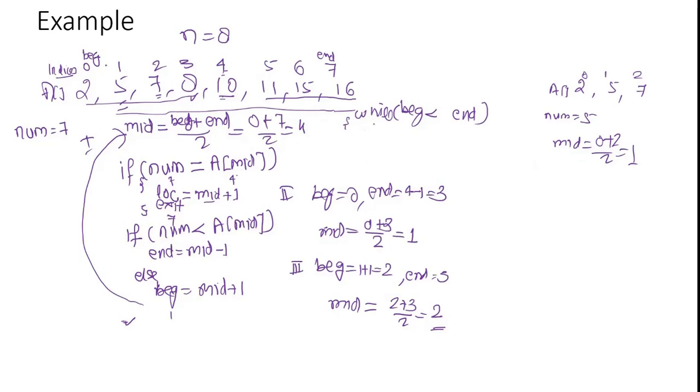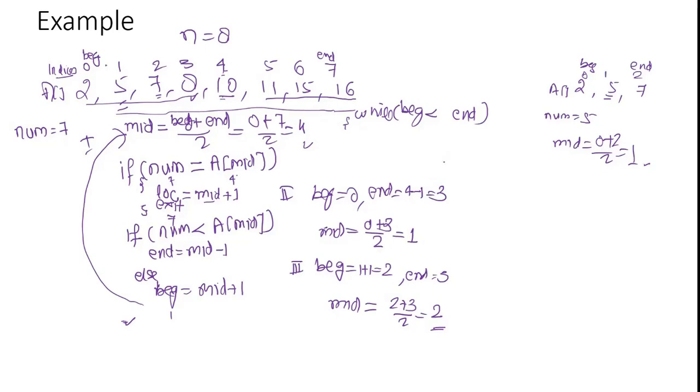Now see, we have calculated the mid, beginning is 0 and end is 2. So after this loop we are calculating the mid. Then we are comparing whether number is equal to A of mid. A of mid is what? A of 1. Number is equal to 5. If number is equal to 5, then we will return.